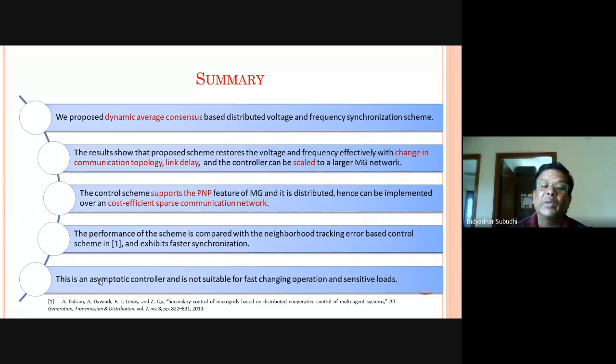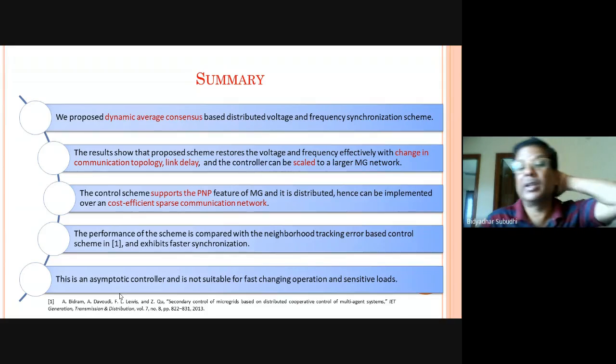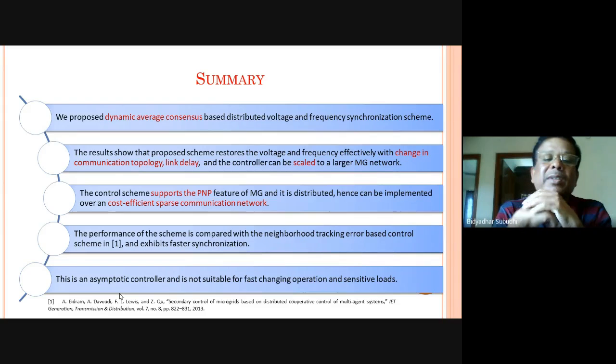But one problem with the current controller is that it doesn't take care of how fast the convergence is. If you want to specify that my controller should achieve a given convergence time, then we need to redesign something. So in order to do that, we have also redesigned this asymptotic based controller, in which we accommodate how fast we can achieve this, for sensitive loads.